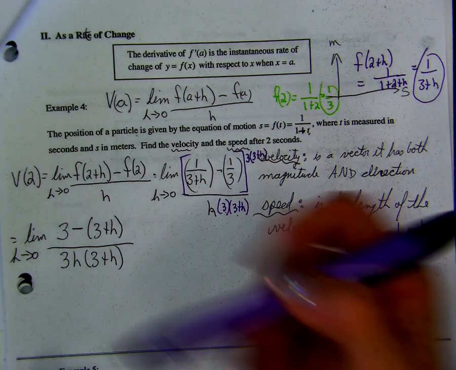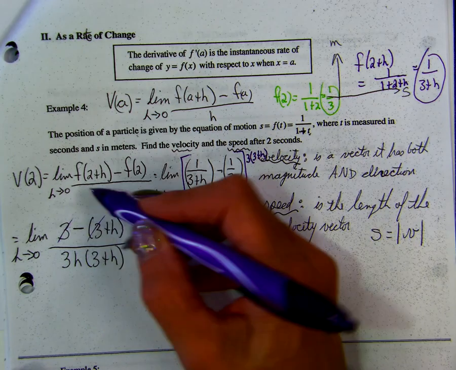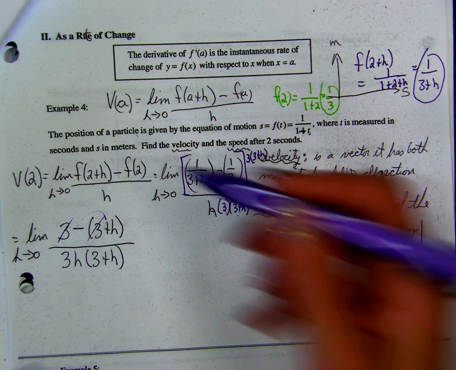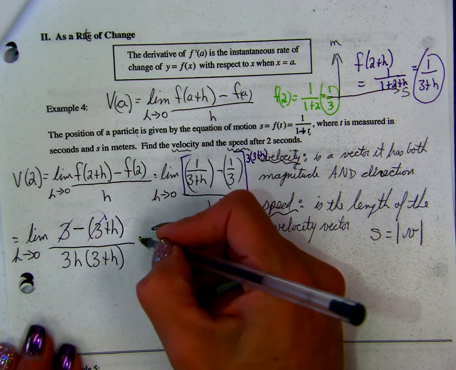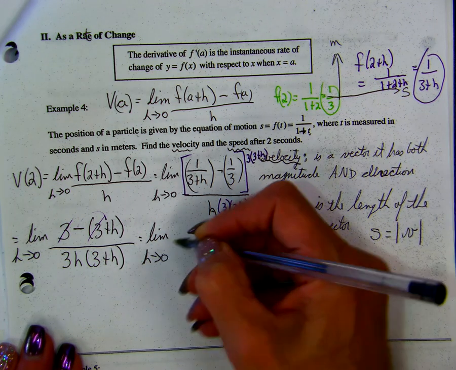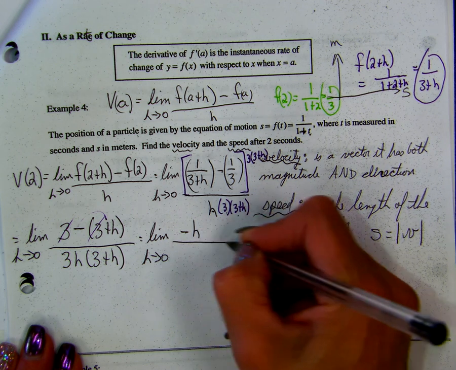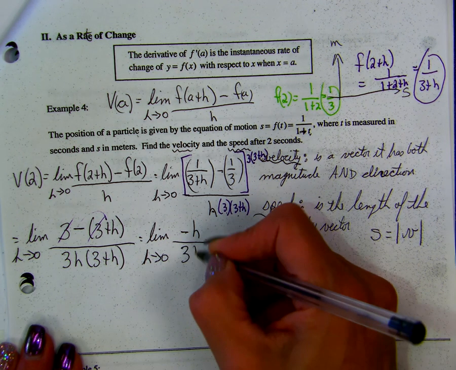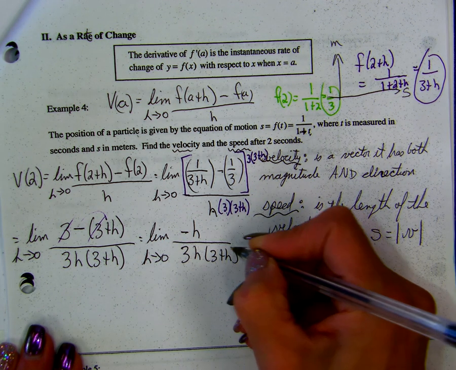Okay, this is simplifying. 3 minus 3 will be 0, and I'm going to have a negative h. So this gives me the limit as h approaches 0 of negative h over 3h times 3 plus h.